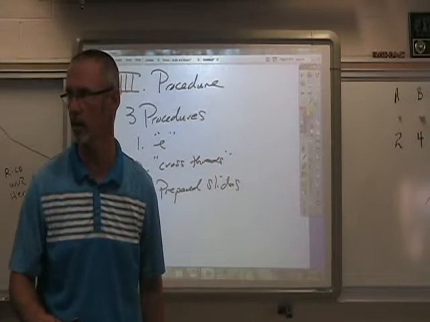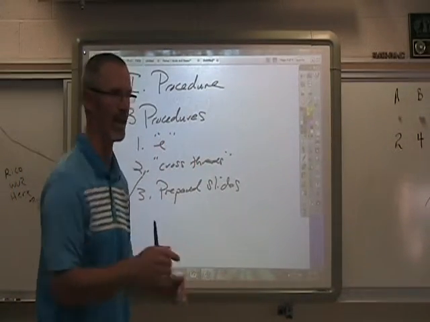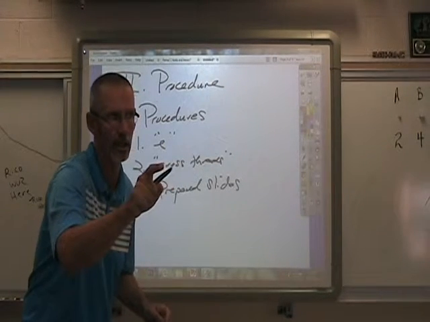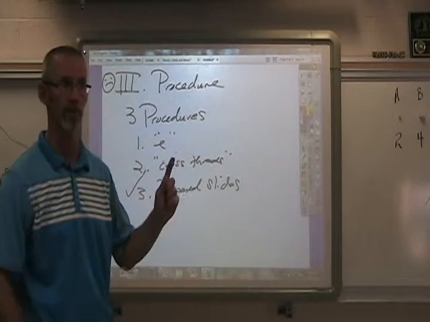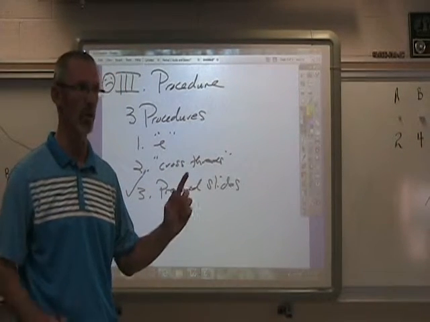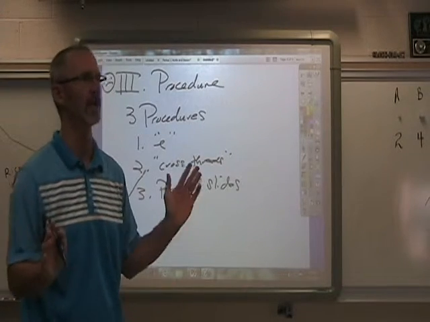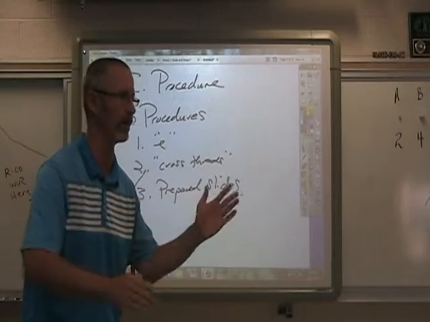Everybody understand what I'm talking about? You want them to be able to read your lab report and do exactly what you did. But you're writing this for the dumbest person that ever lived. So can you assume they know anything? No.